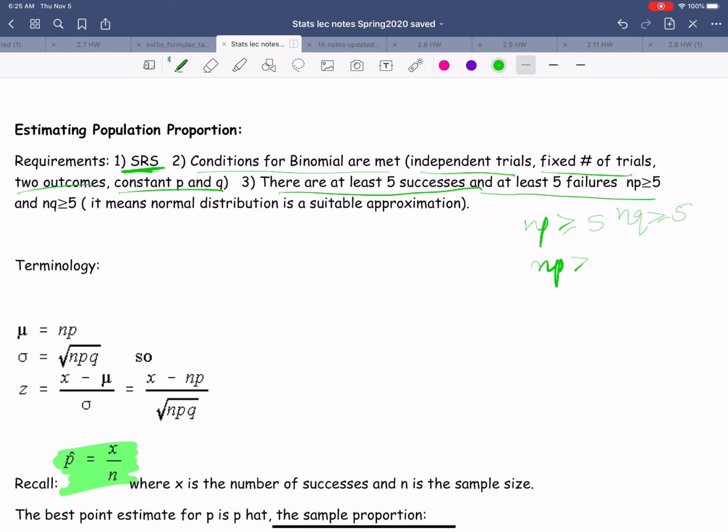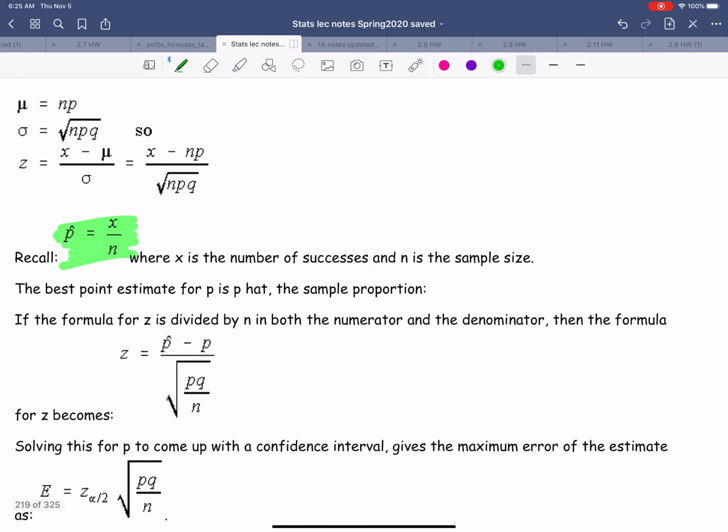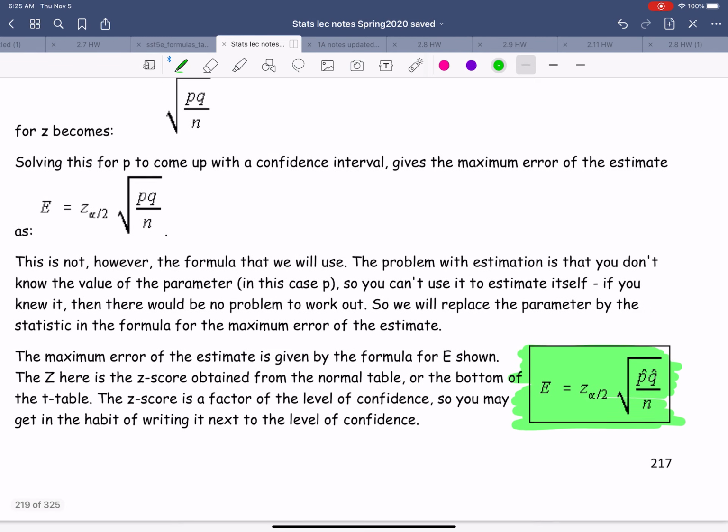Some textbooks go with NP greater than 10 and NQ greater than 10, just to make sure we have large enough sample. P hat is X over N. P hat is calculated from your given sample. And I'm going to go directly to the formula, but you read the supplement for more information.